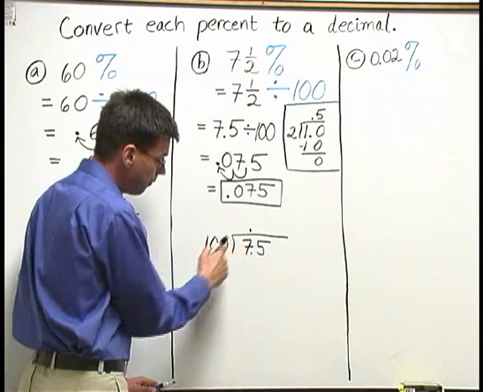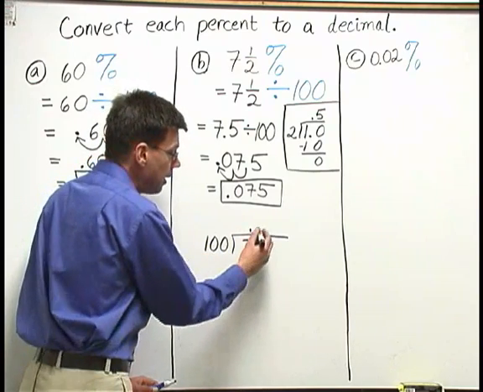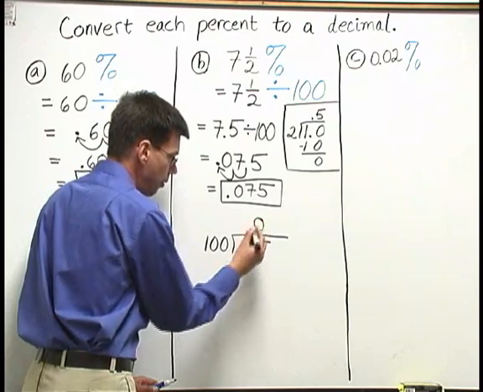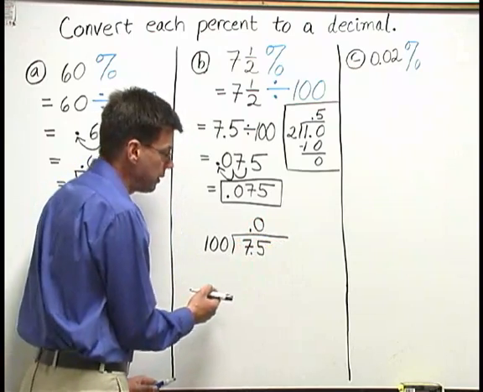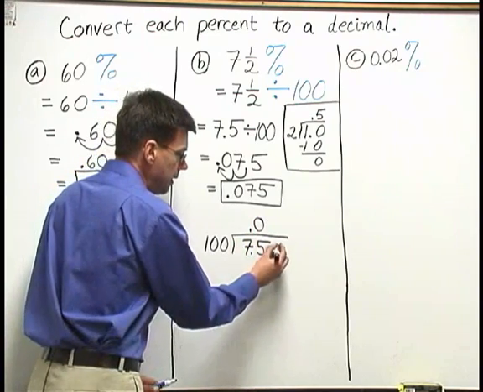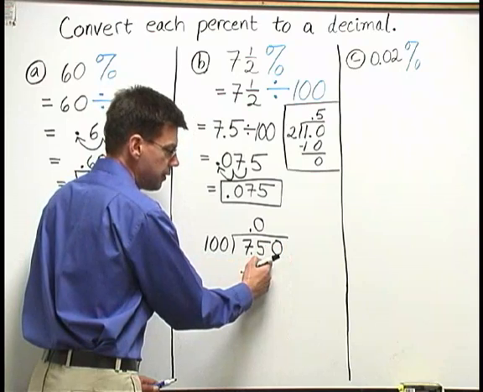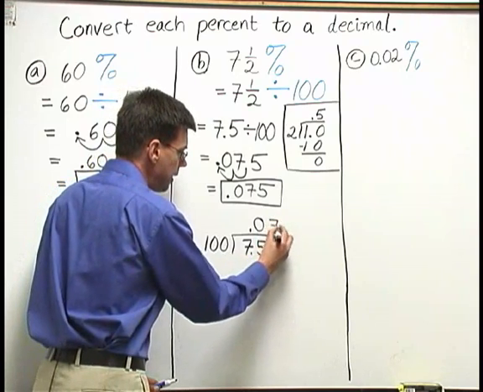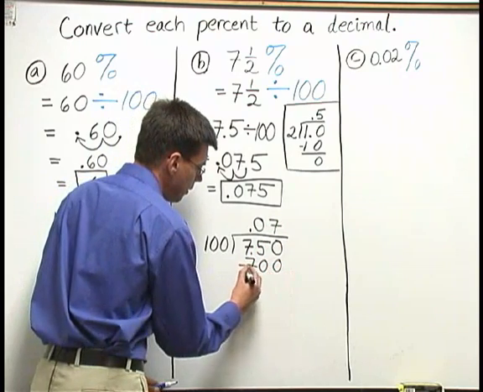That's optional. 100 also doesn't go into 75. Now I need to write a 0 up above because I'm to the right of the decimal point in my answer. I can add a 0 inside down below. 100 goes into 750. That's 7 times. 7 times 100 is 700.